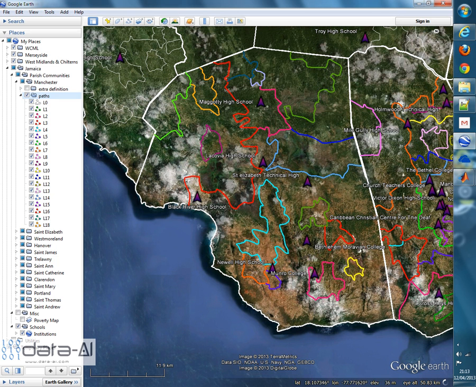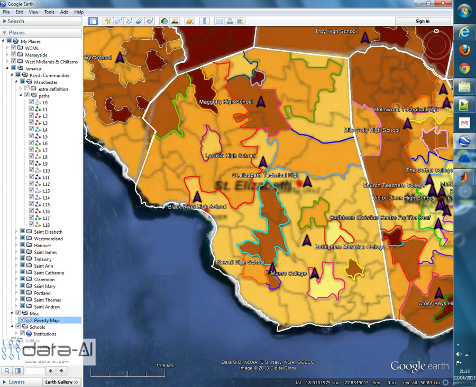And what these lines indicate, if I show background to it, what these lines correspond to are regions of particular poverty level. So areas of high poverty are in dark brown, and lighter poverty regions are in lighter colors.